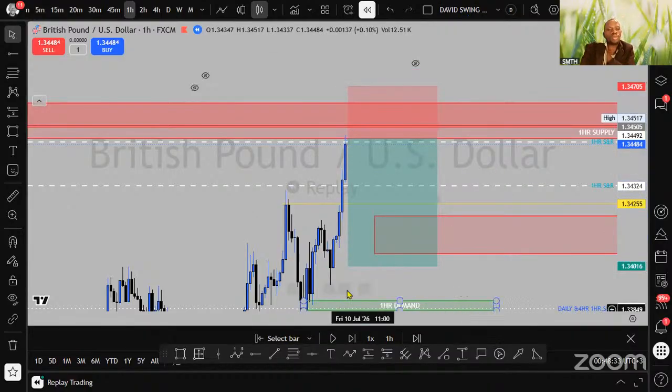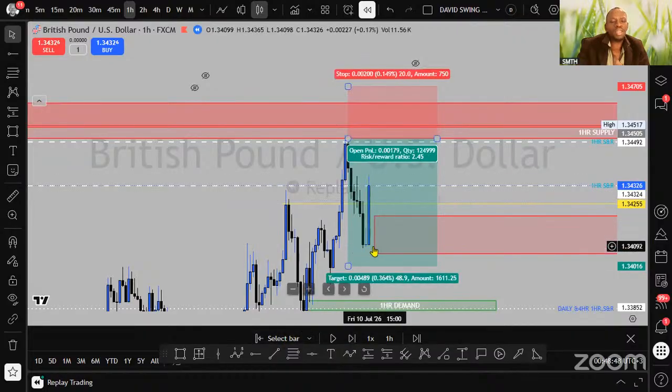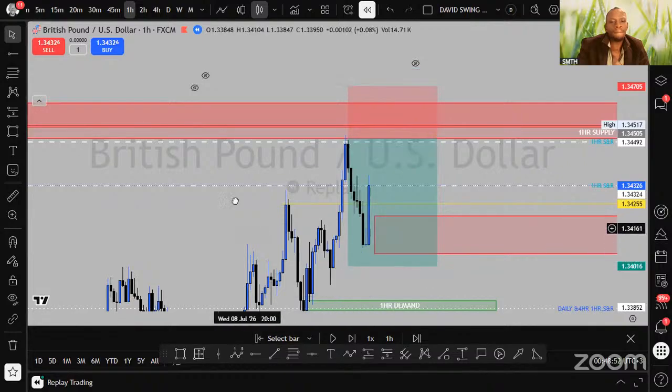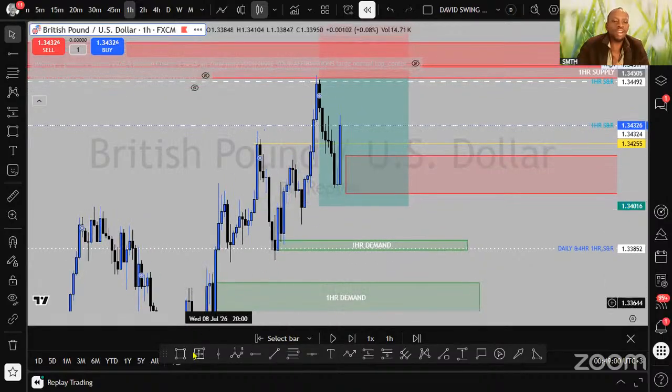Then let's see what price did. Right now, when you push your sell, you have confidence. Why did price bounce here? Because we have this demand here. Demand zone. This is the importance of having a markup.